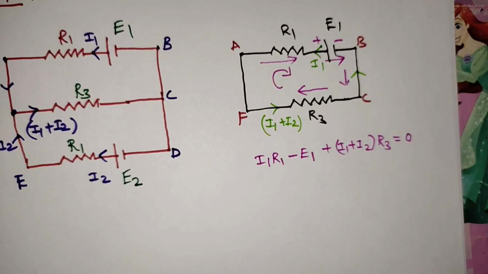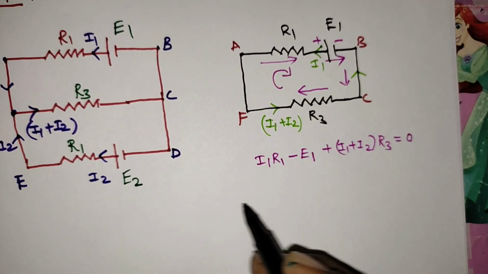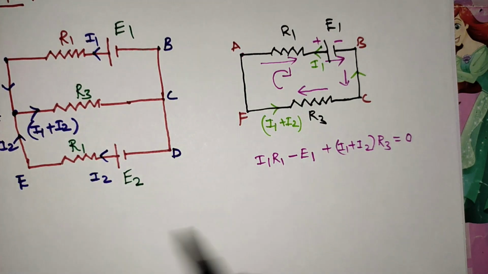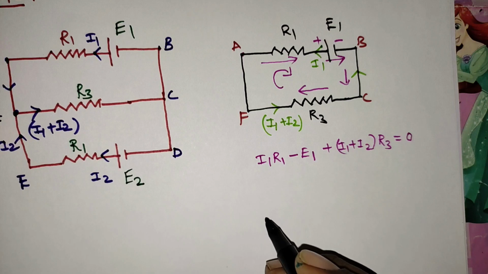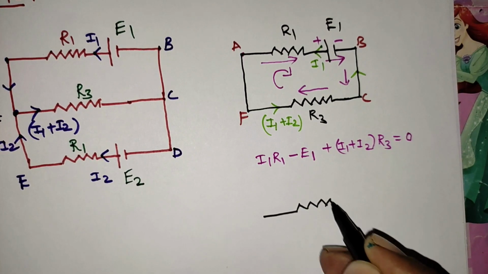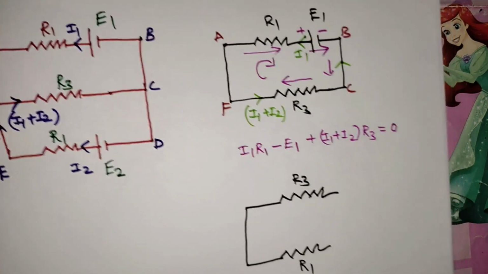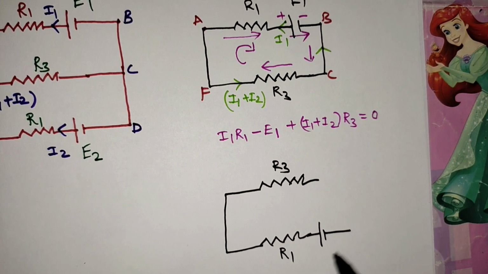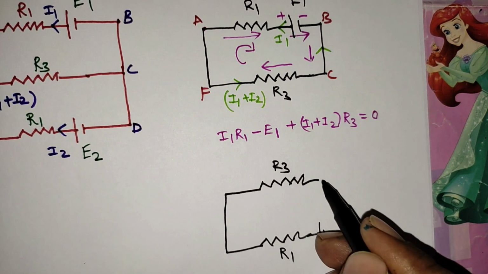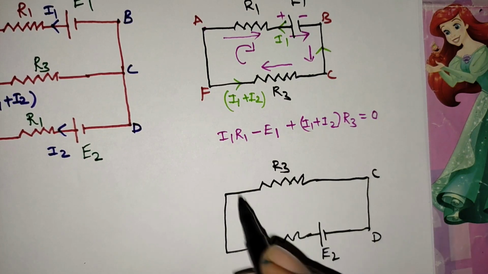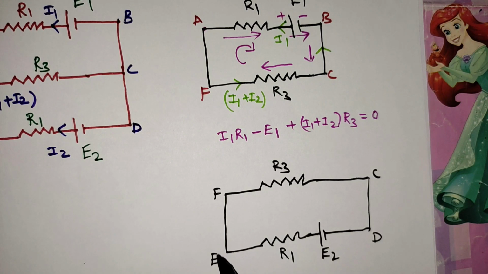And one more, the second loop. If you take, this is the second loop E, F, E, D, C, F, E. So here, resistor R3, resistor R1, battery E2, D, C, F and E. The same way you can apply this rule.